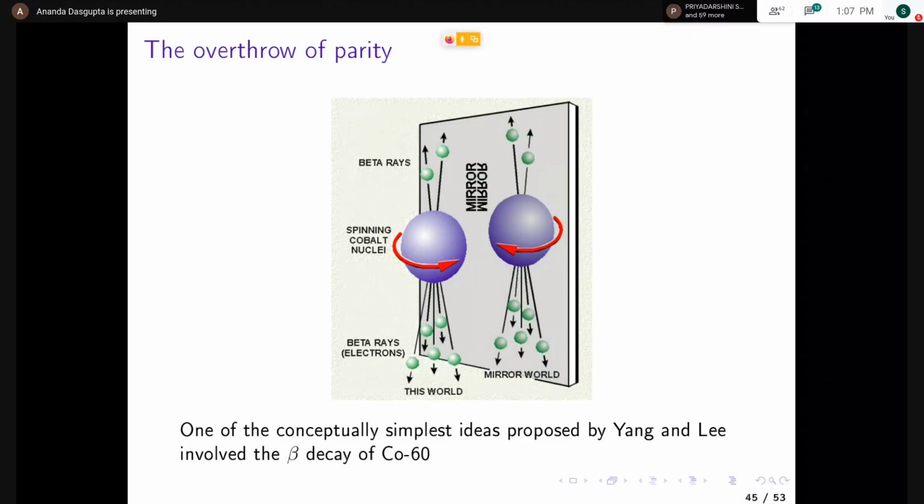If there were a slight asymmetry there, if more were going in the direction of the spin than in the opposite direction, then the opposite would have happened in the mirror world. So this was what Lee and Yang told us: if you were to look at cobalt-60 nuclei, all of them spinning in a given direction, and look at the decay, if parity is conserved, you must have as many beta particles coming out in the direction of the spin as in the opposite direction. Any asymmetry there would be a sign of parity violation.